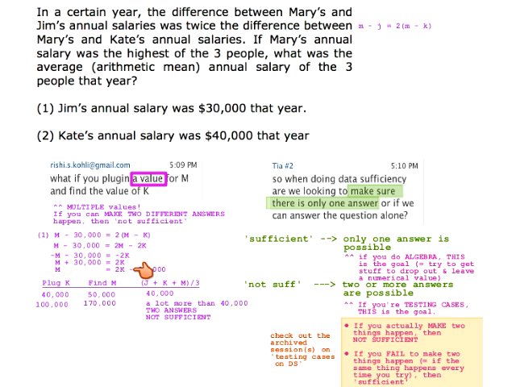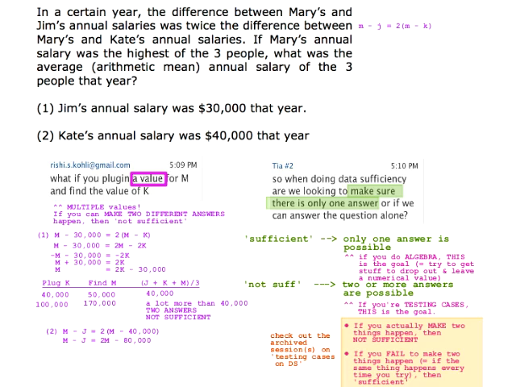So that's not sufficient. And statement 2. So now we have a number for k, but not for j. So this is back to being j again, and now this is 40,000, and now it's statement 2. So it's m minus j is 2m minus 80,000.